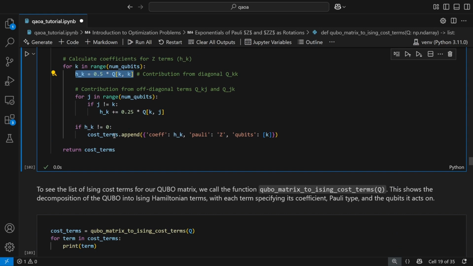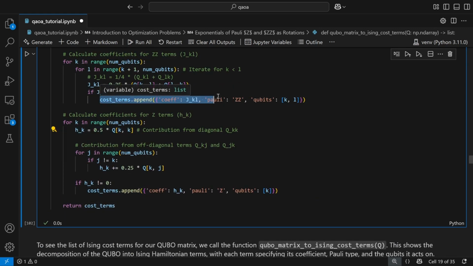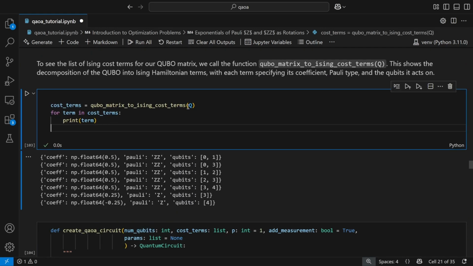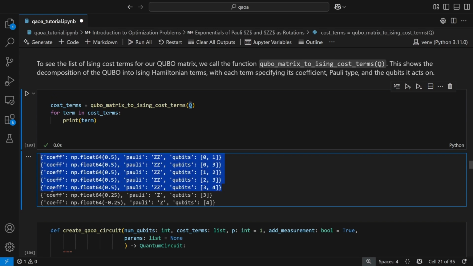And in the end, we just return a list of terms with their coefficient, the Pauli matrix that is used, and the index of qubits that are involved. Let's look at this example, our 5-qubit independent set problem. After converting it to Ising Hamiltonian, we are left with 5 2-qubit gates and 2 single-qubit gates. The rest, 3, have a coefficient 0.